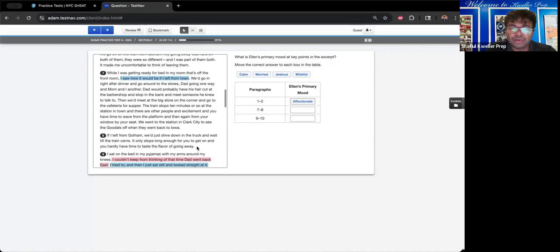So this is a lot of her imagination. That's the primary mood here. I see a lot of imagination going on. The best one would probably be wishful. Wishful is like hoping something would happen, I think. So this is what she is doing, walking through this moment. And then 9 to 10.